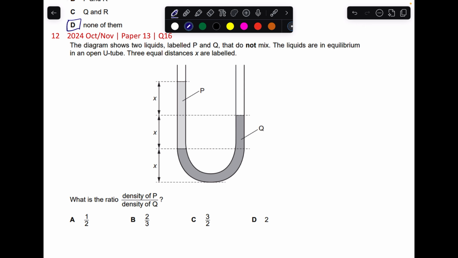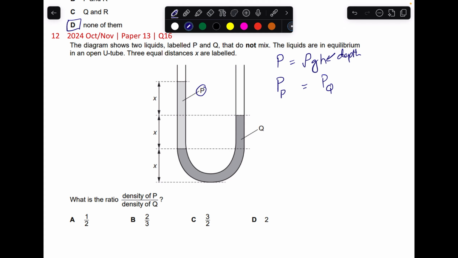So we know that the pressure of the liquid is rho g h. h is the depth, right? It is the depth. So the pressure of P should be equal to the pressure of Q. That is the reason why they are stable like this.